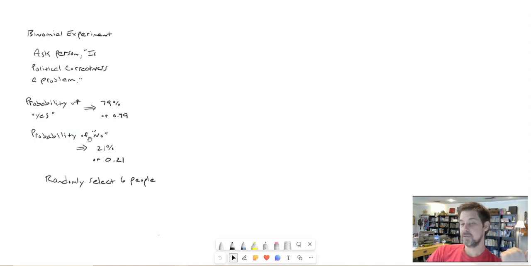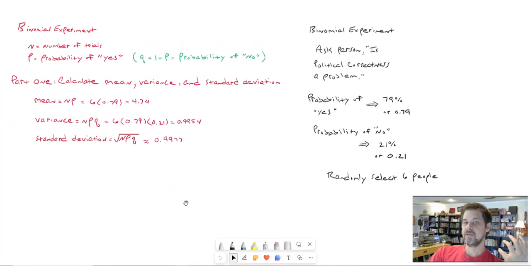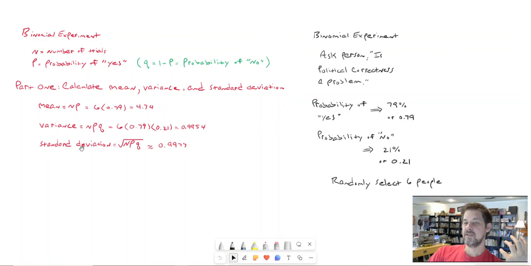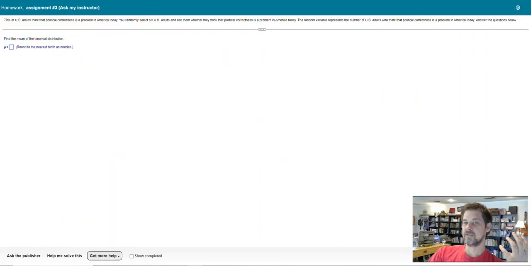The probability they'll say no is 21% or 0.21 as a decimal. Now we'll randomly select 6 people and ask them. Anything can happen. I might select 6 people and they all say no, or they all say yes, or some mixture of yes and no. From here we will calculate the mean, the variance, and the standard deviation. That's what this question will ask us.